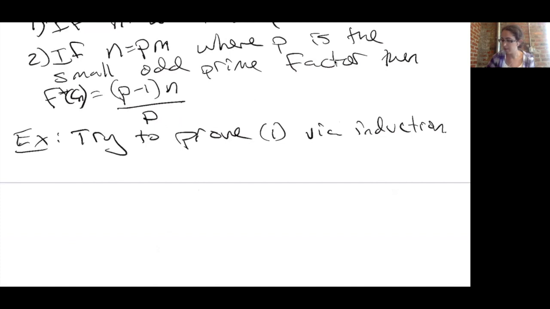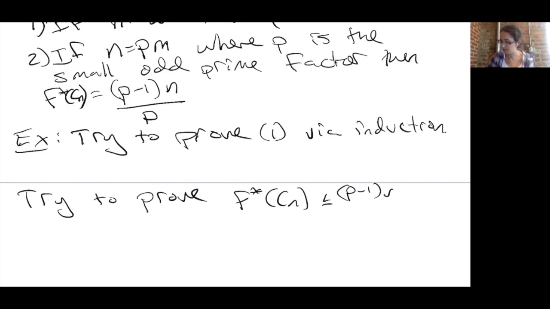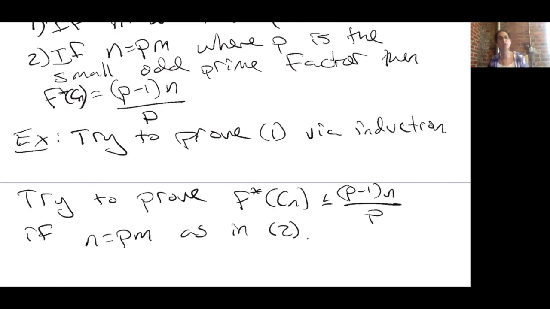And maybe for part 2, just try to prove the upper bound, that f star of c_n is at most (p minus 1) times n over p if n equals p to some power, as in 2. So what does that mean?